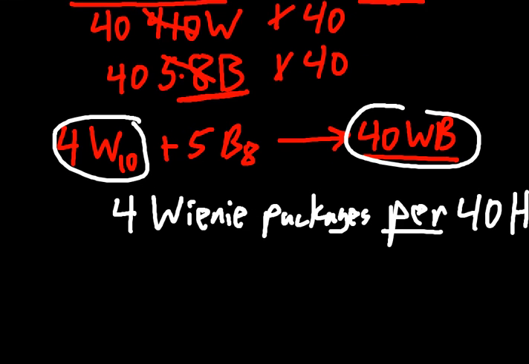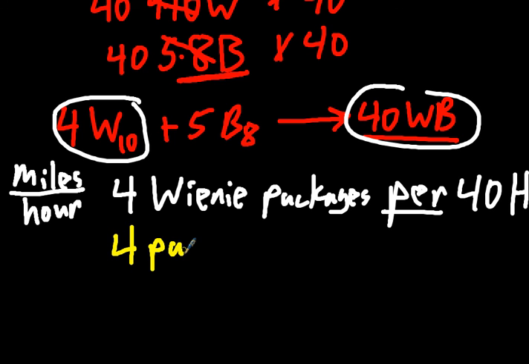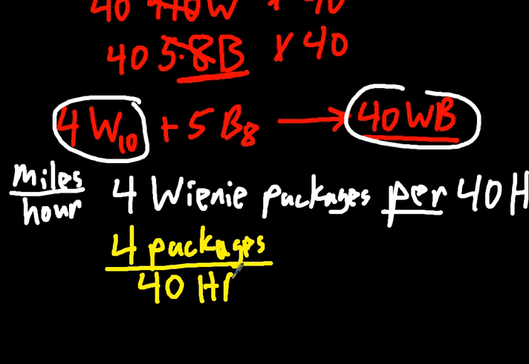Another way to write that, if you remember miles per hour, another way to write miles per hour would be miles divided by hours, right? So, if we have 4 weenie packages per 40 hot dogs, we could write that as 4 packages per 40 hot dogs, HD.